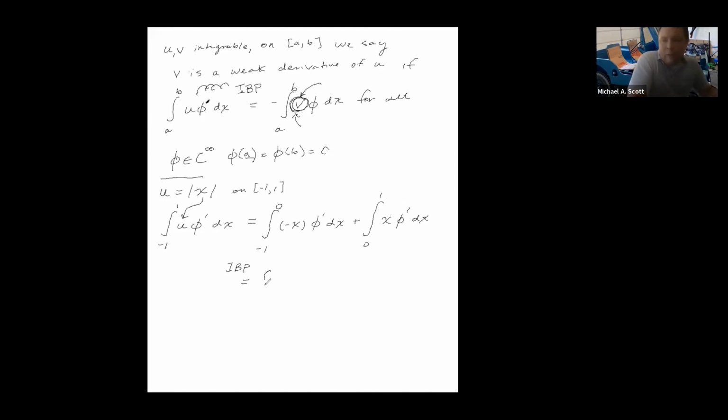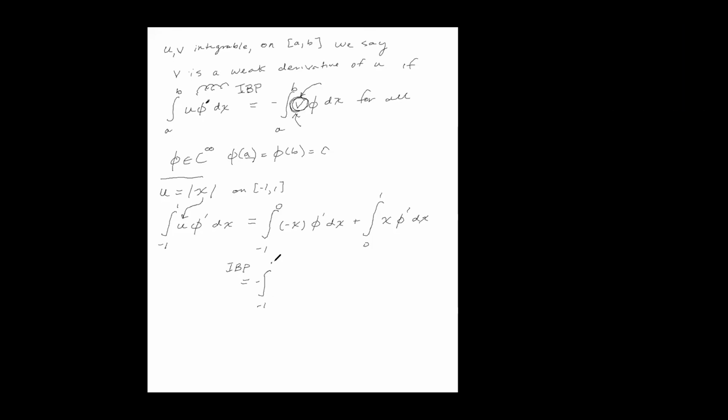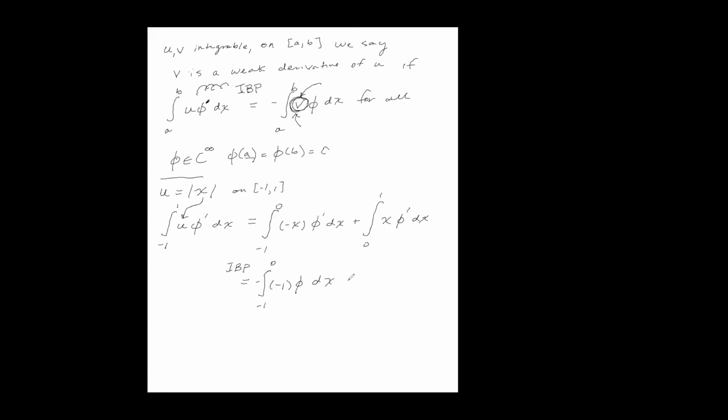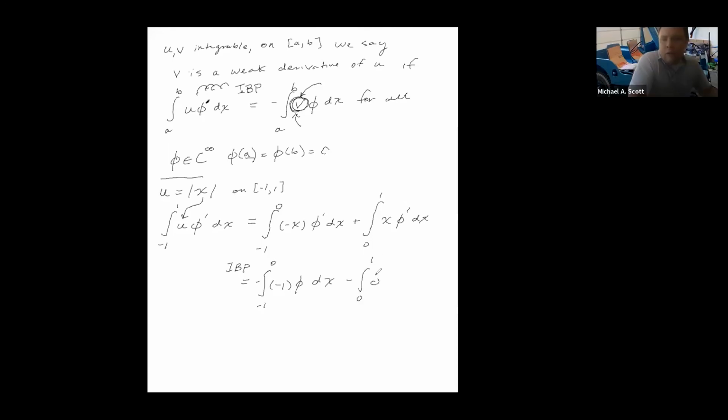So if we do integration by parts, we end up with the integral from -1 to 0 of -1 phi dx minus the integral from 0 to 1 of phi dx. Okay, and so now we're done. This defines a function, right?